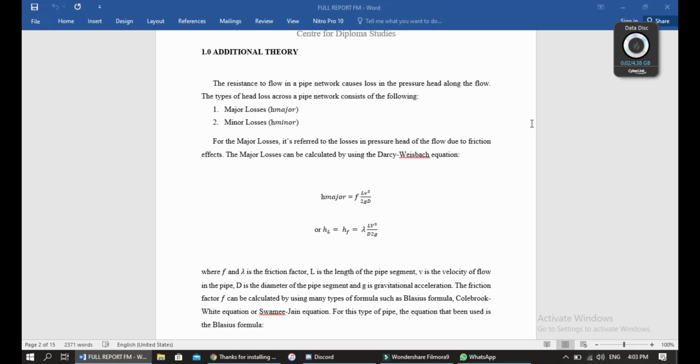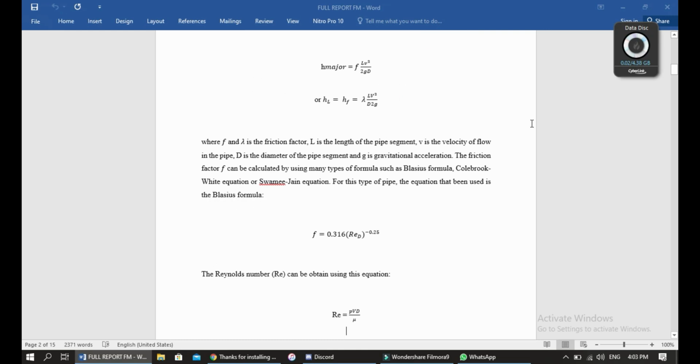For this type of pipe, the formula that we use is the Blasius formula, which is f equal to 0.316 times the Reynolds number to the power of negative 0.25.